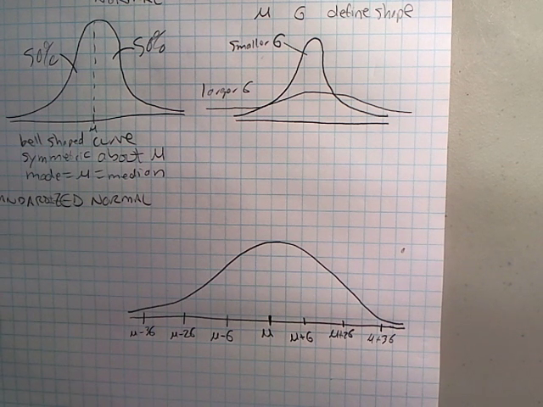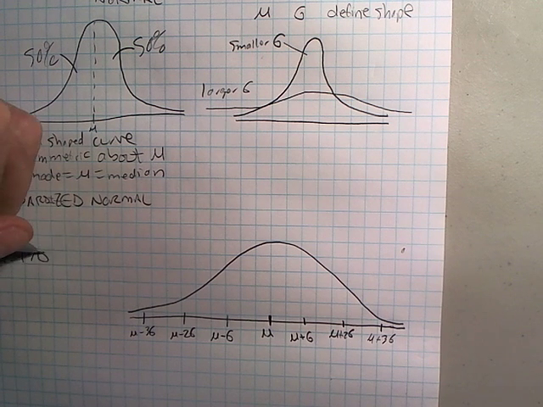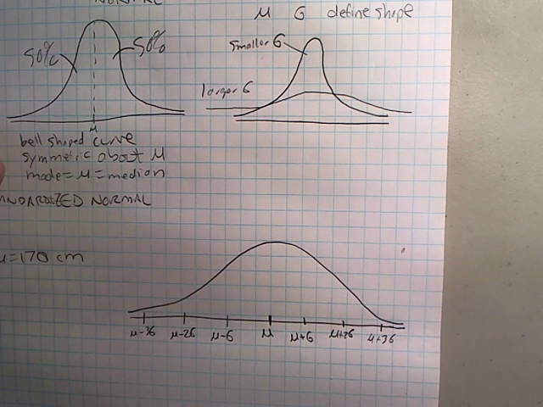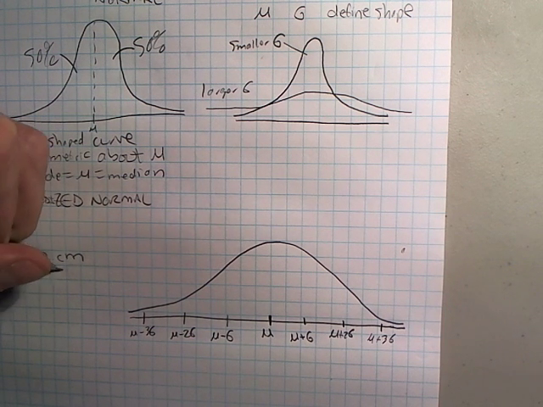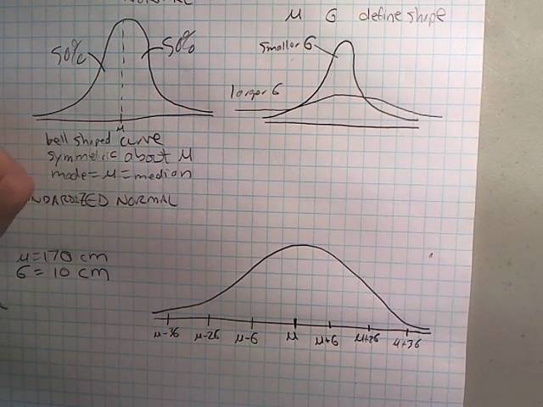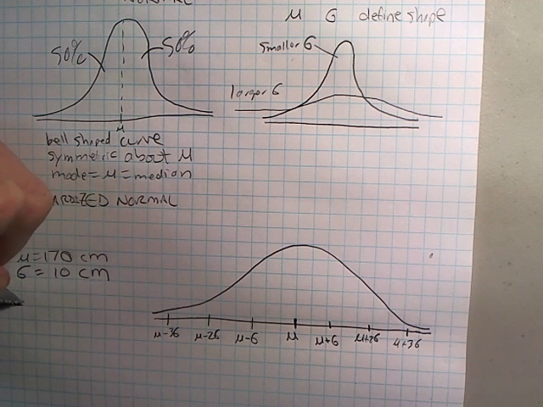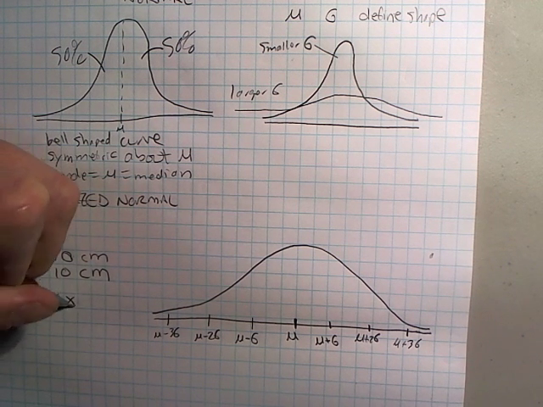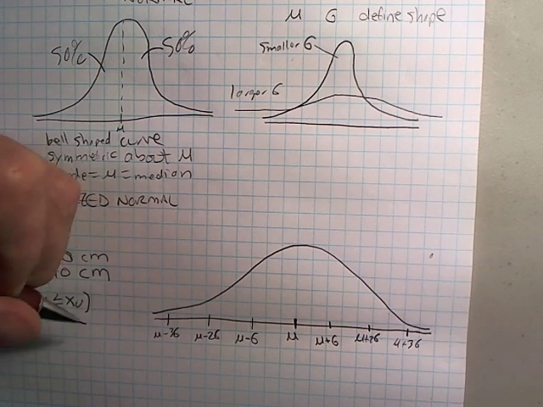And let's go ahead and just put a couple sample numbers with this distribution. So let's say we're looking at a survey of heights, and we'll say that the mean turned out to be 170 centimeters with a standard deviation of 10 centimeters. And then a scenario that we may be asked to solve for would be to come up with a probability that falls between two specific x values from this distribution.